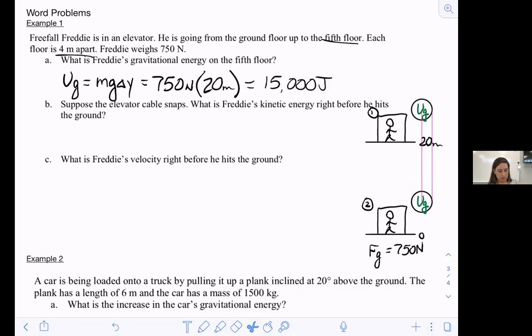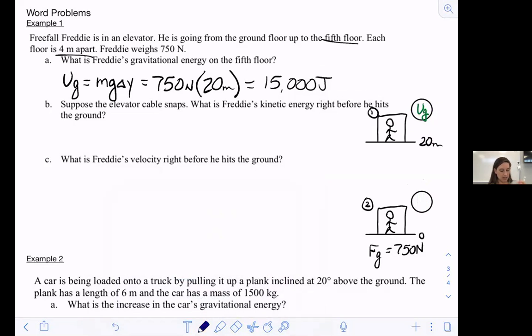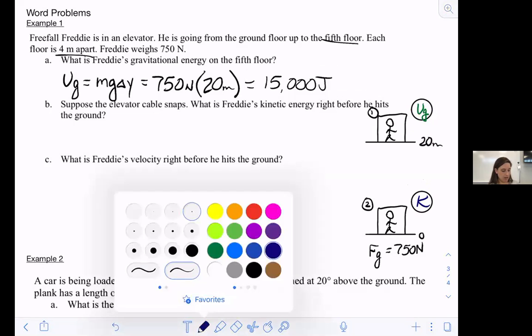And when he comes down to the bottom, he's going to have the same number of joules, because that's what the law of conservation of energy says, but we would expect that they would be different. They're no longer going to be gravitational energy because he's back on the ground. And we're looking at the millimoment before he hits the ground, so I believe he will be still moving. So all of his energy has now become kinetic energy.